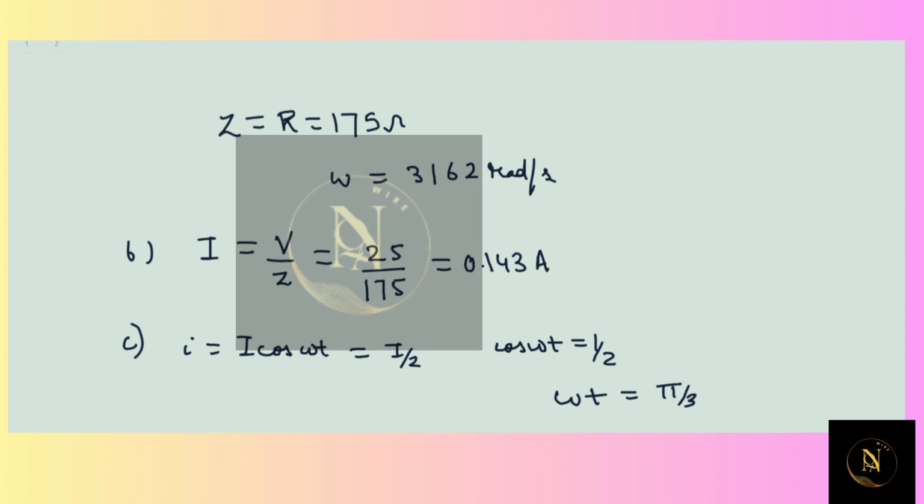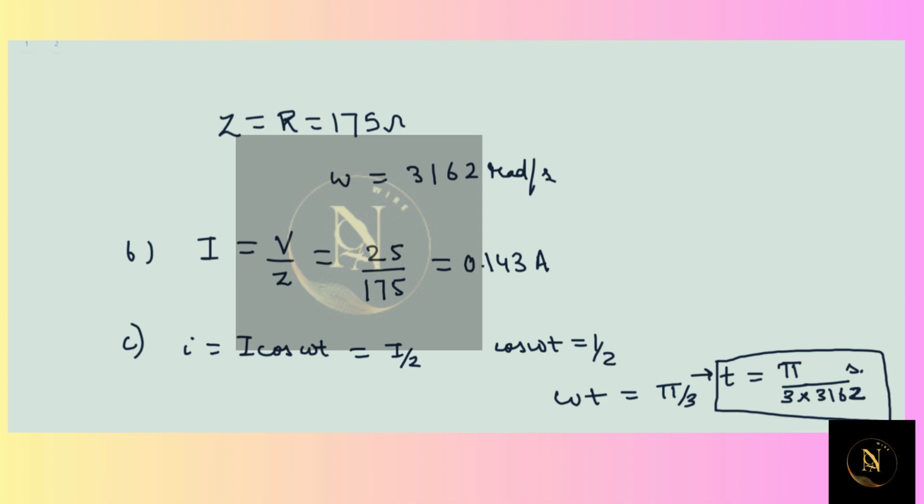We have omega, so we can find t here. So t comes out to be pi over 3 times 3162. This gives us the time at which the current has half the current amplitude. The unit is seconds.